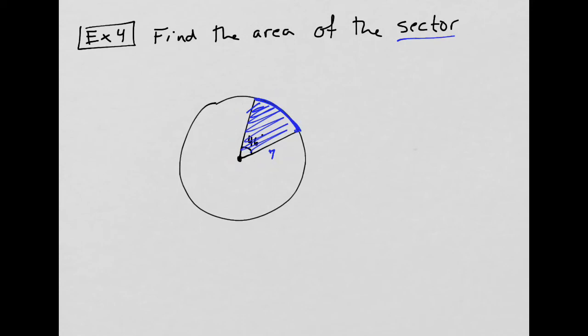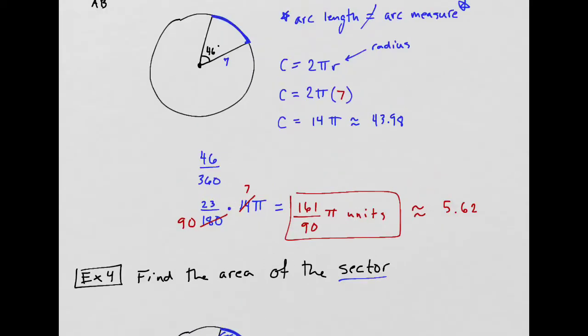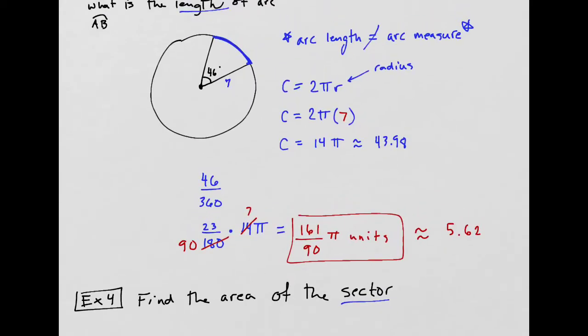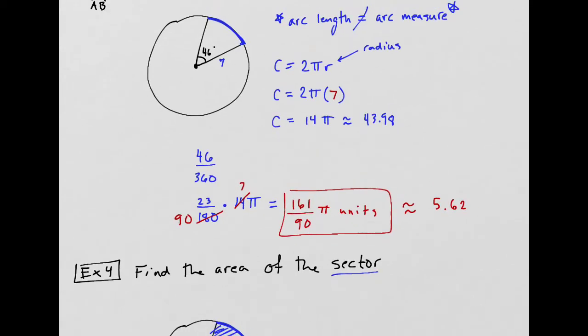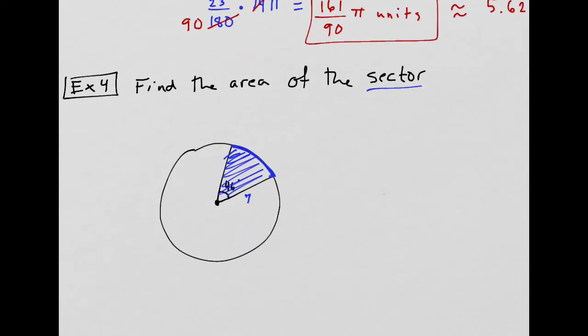And just like we did here, we found the entire circumference and multiplied it by some fraction of the circle. And here we have the same thing. So we're going to do 46 360ths, because 360 is the whole entire circle. And we're going to multiply it by the area.